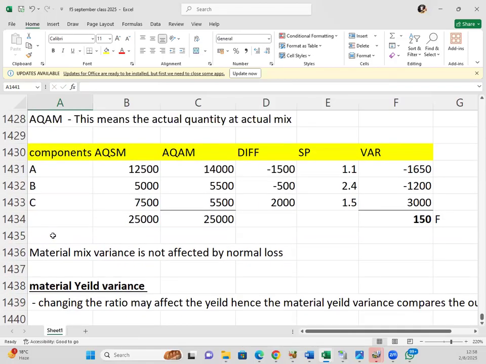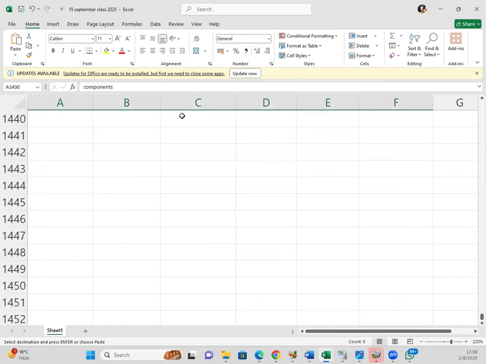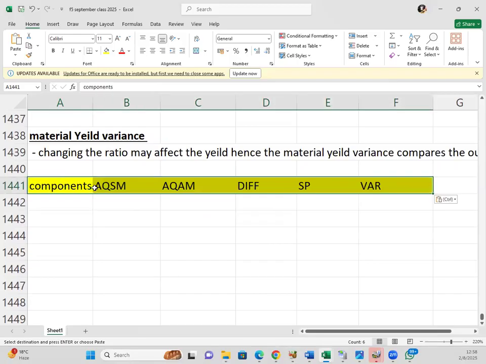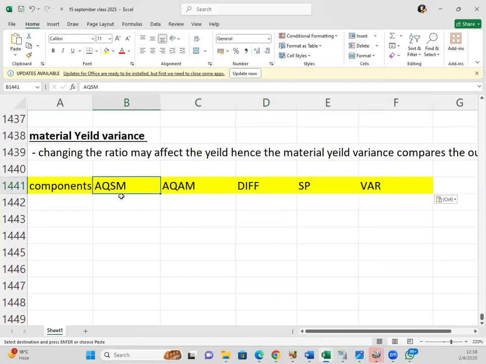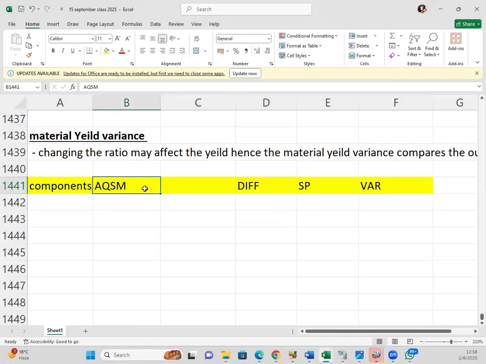So if we have changed the ratio, what is the new output? So the columns are almost the same. We just copy that. So instead of having the actual quantity standard mix on the first column, we are going to have the actual quantity standard mix on the second column.